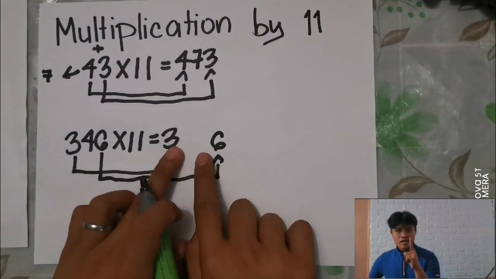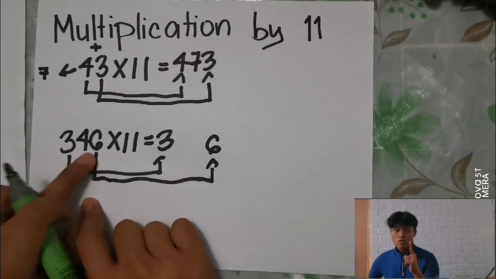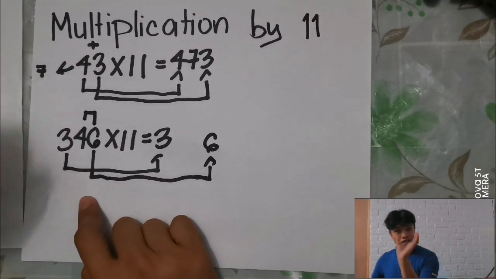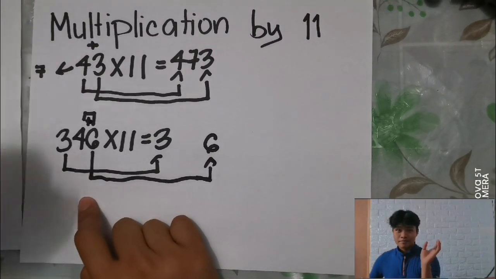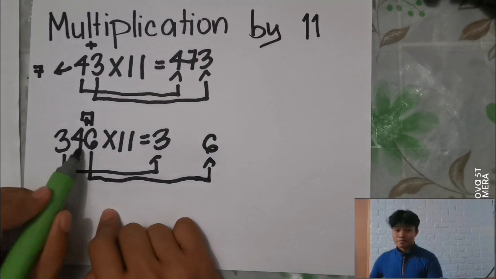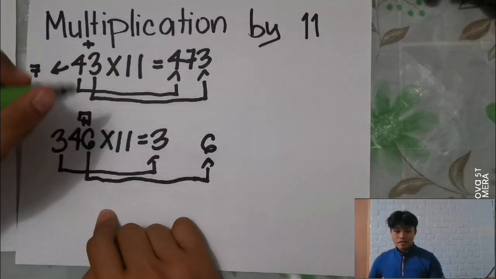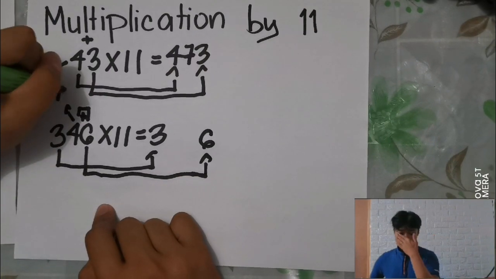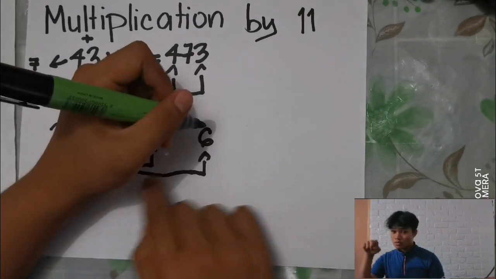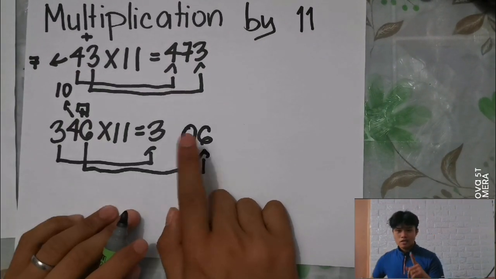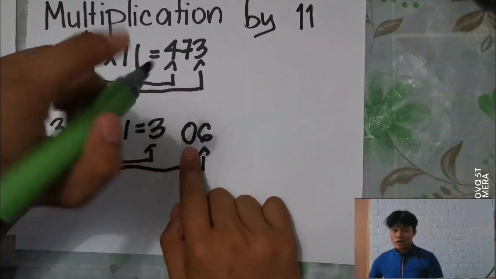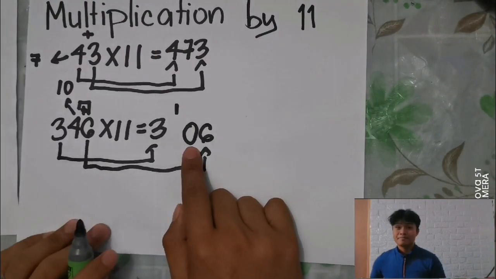Now, to get the answer in the middle, first, we add 6 and 4. The answer would be 10. After getting the 10, you put 0 near the 6, and then carry 1. There's a carry 1 that we will be using later.